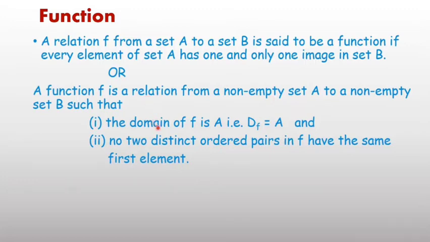Then the second condition you have to check: domain equal to set A. Domain equal to set A implies every element of set A has its image in set B. No two distinct ordered pairs in f have the same first element. It implies every element of set A has its unique image in B, meaning only one image in set B.